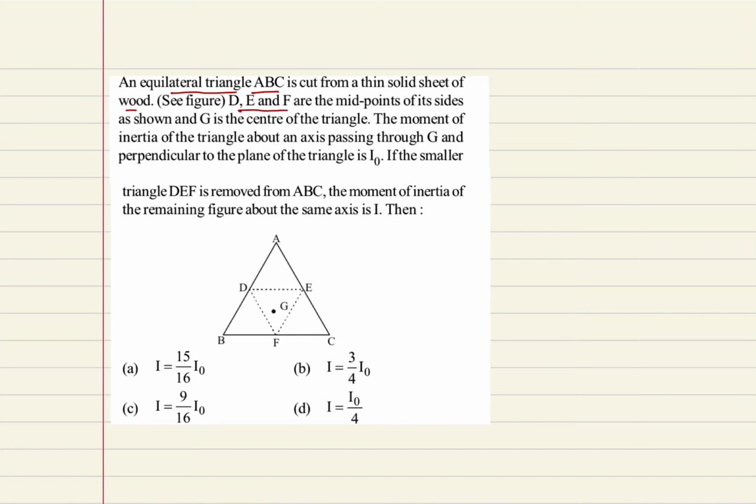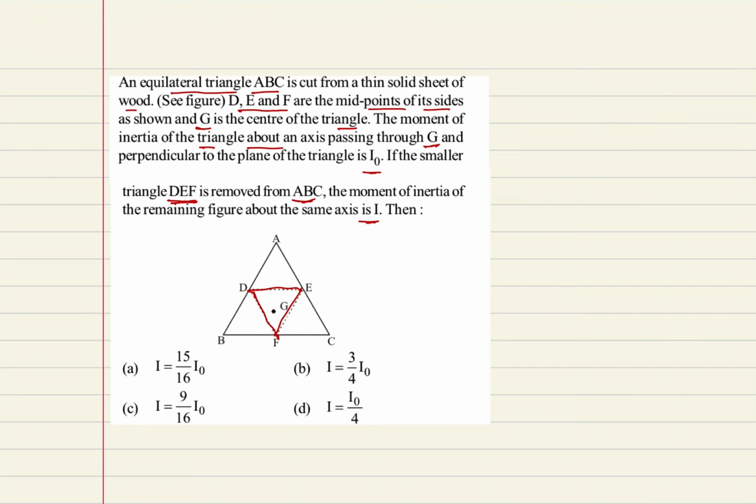D, E, F are the midpoints of its sides as shown, and G is the centroid of the big triangle ABC, and similarly DEF also has the same centroid G. The moment of inertia of the triangle about an axis passing through G and perpendicular to the plane of the triangle is I0. If the smaller triangle DEF is removed from ABC, the moment of inertia of the remaining figure about the same axis is I. Then what is the value?